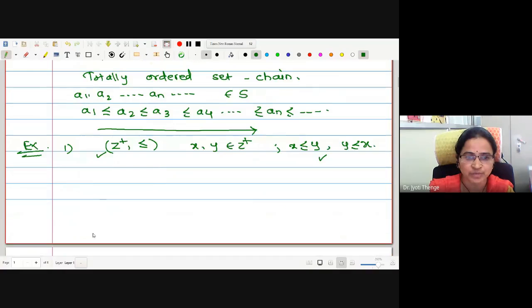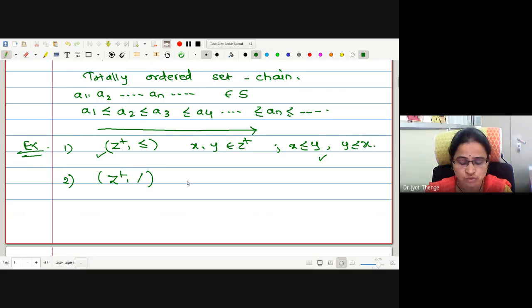Now one example to understand a set that is not a chain. Same example, I will just continue: Z plus with divisibility. Just now we have seen that this is a POSET, but we will check whether it is totally ordered or not.